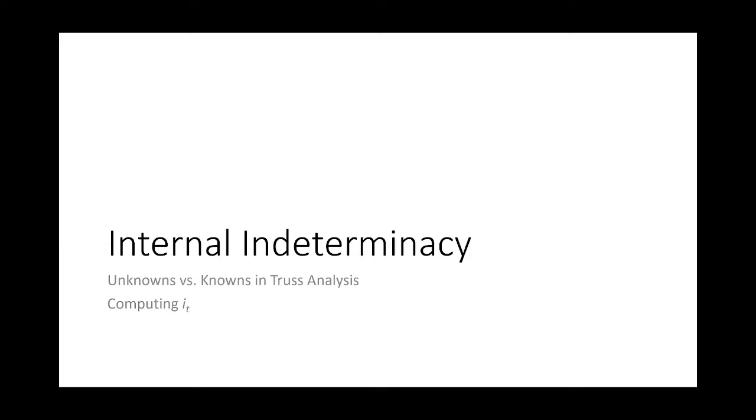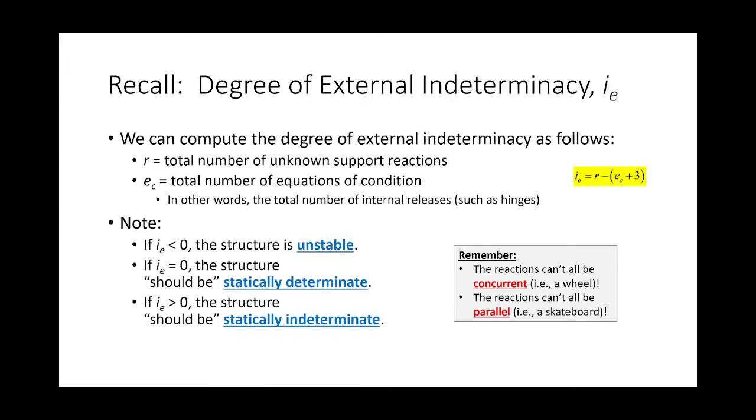We need to talk about that. Why do we need to talk about that? Well, first off, let's recap this. This was something we did in our first real lecture, when we looked at classification of structures. And if you remember, I said this is the degree of external indeterminacy, because later we're going to look at classifying the internal indeterminacy of a structure.